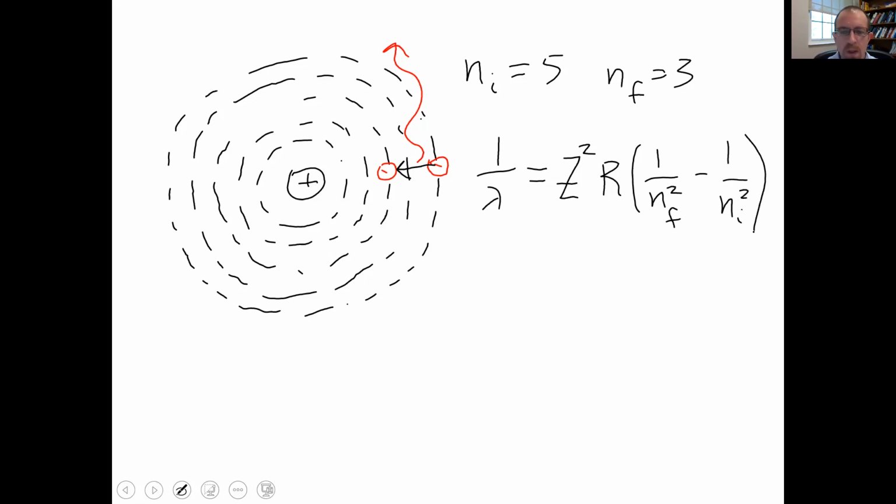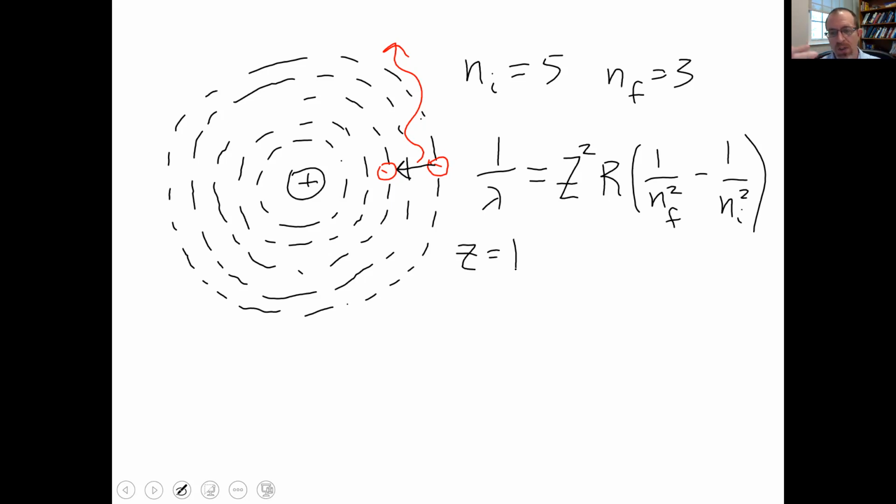All right. Now that z there, that's the atomic number of our particular item that we're looking at. For hydrogen, z is equal to 1. And that's all we'll be doing in this exercise as far as computations go.